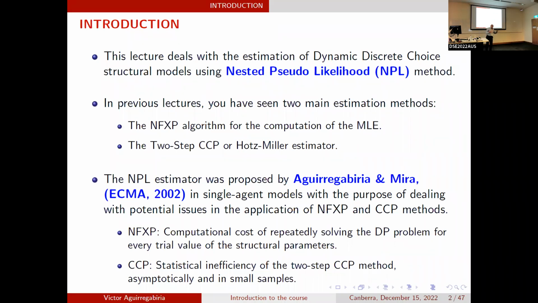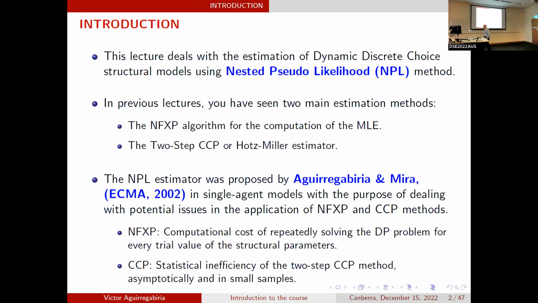In the previous lectures, we have seen the two most commonly used methods in the estimation of dynamic structural models, which are the nested fixed point algorithm applied to the computation of the maximum likelihood estimator, and the two-step CCP method, also called Hotz-Miller two-step methods.